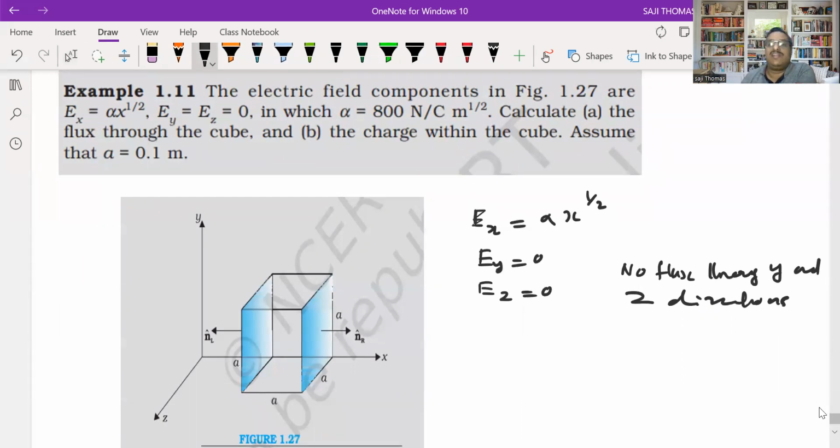And Ex is given. And alpha is given. Alpha is a constant. So we can write Ex as, instead of alpha, you write 800 x raised to 1 by 2, right?